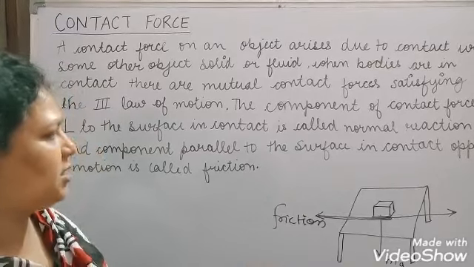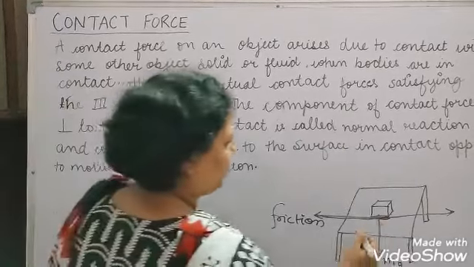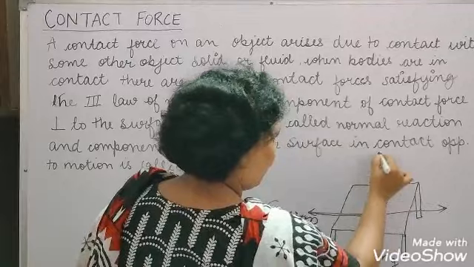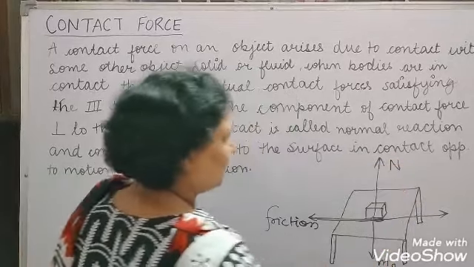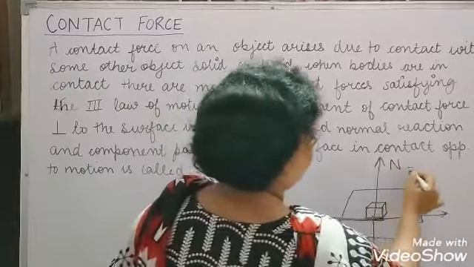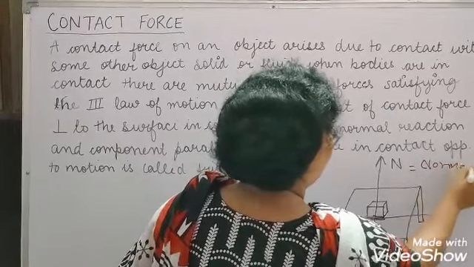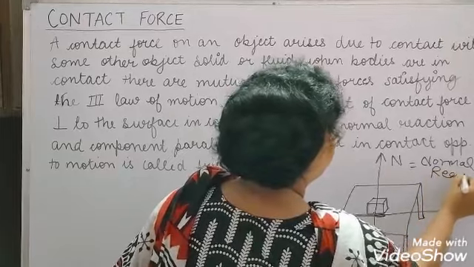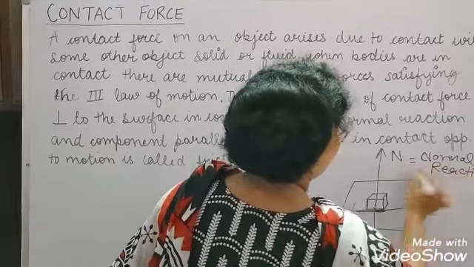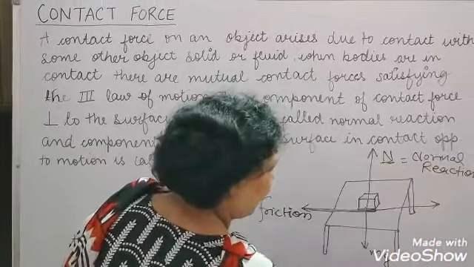Here you will see simply the perpendicular component of the force, that is N, and this force is called normal reaction. This force N can adjust mg.